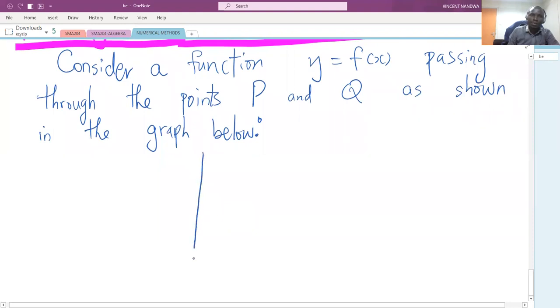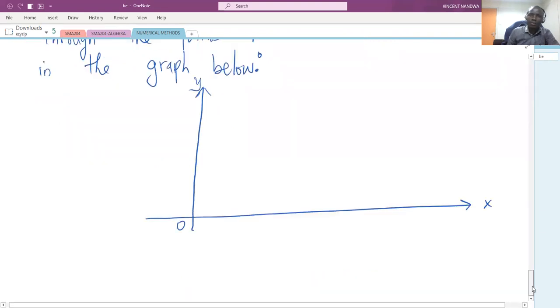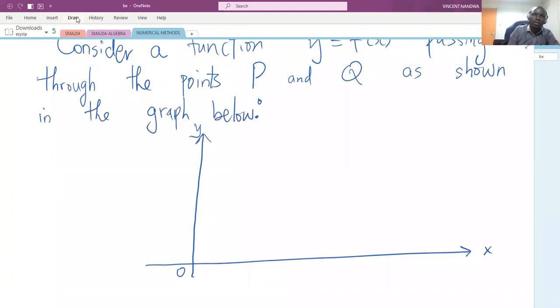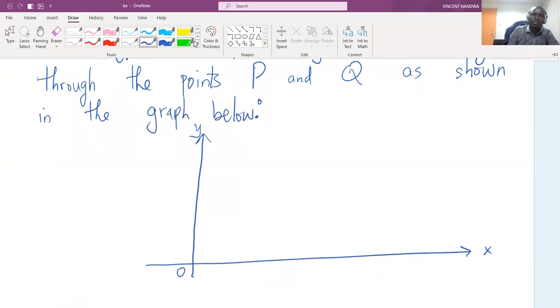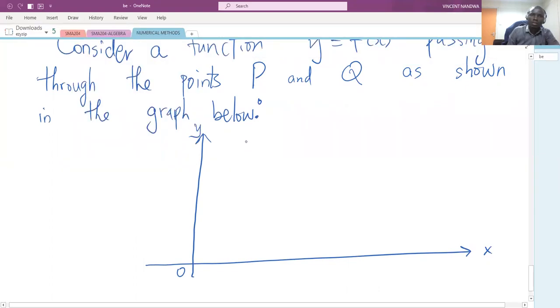So this is the y-axis, this is the x-axis. So this is the line x equals 0. So let this be the graph, or this is the function y equals f of x.